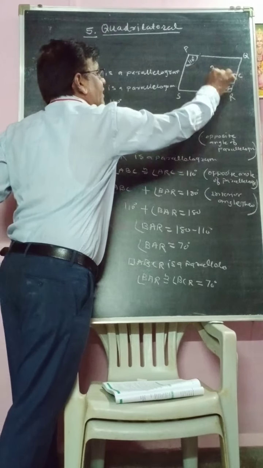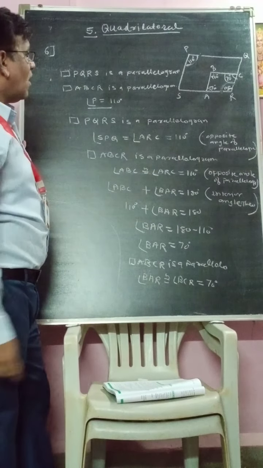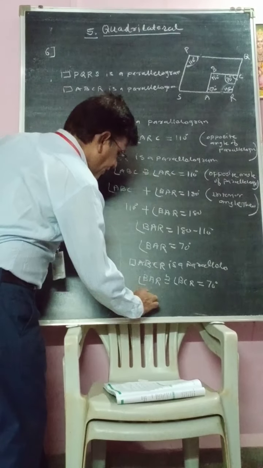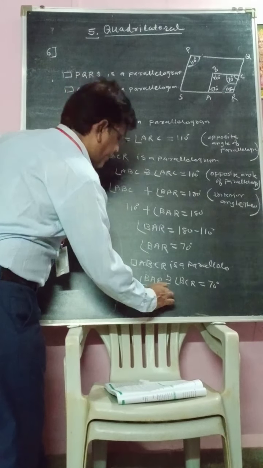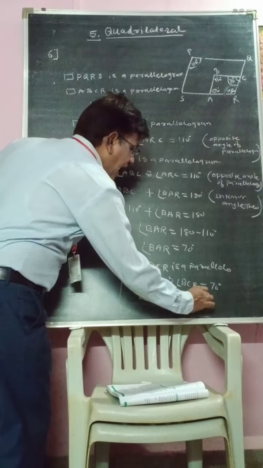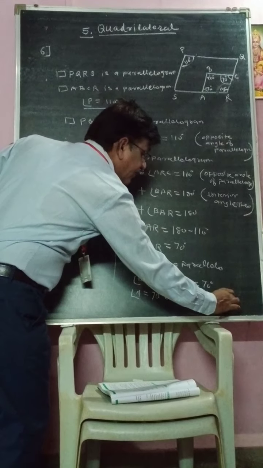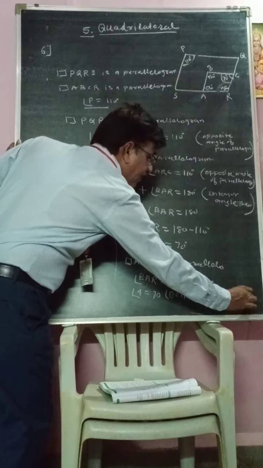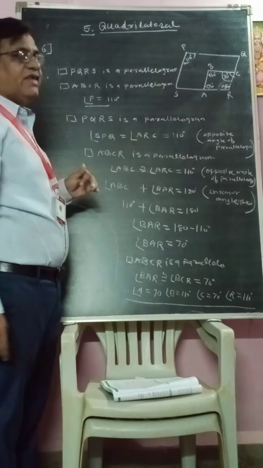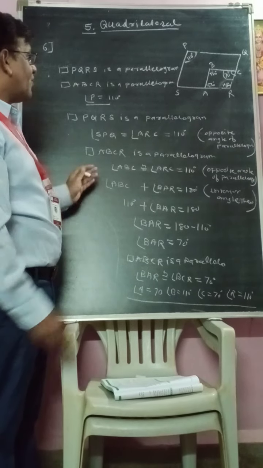These two angles are 110 and these two are 70 and 70. So all the angles of the quadrilateral we know: angle A is equal to 70, angle B is equal to 110, angle C is equal to 70 and angle R is equal to 110. In this way you can find all the angles of quadrilateral ABCR. Okay, you get it now.